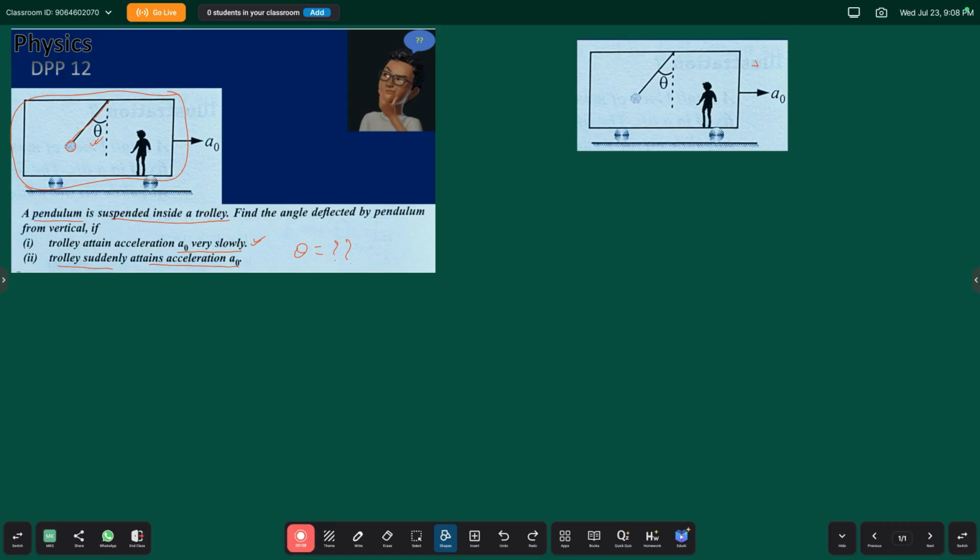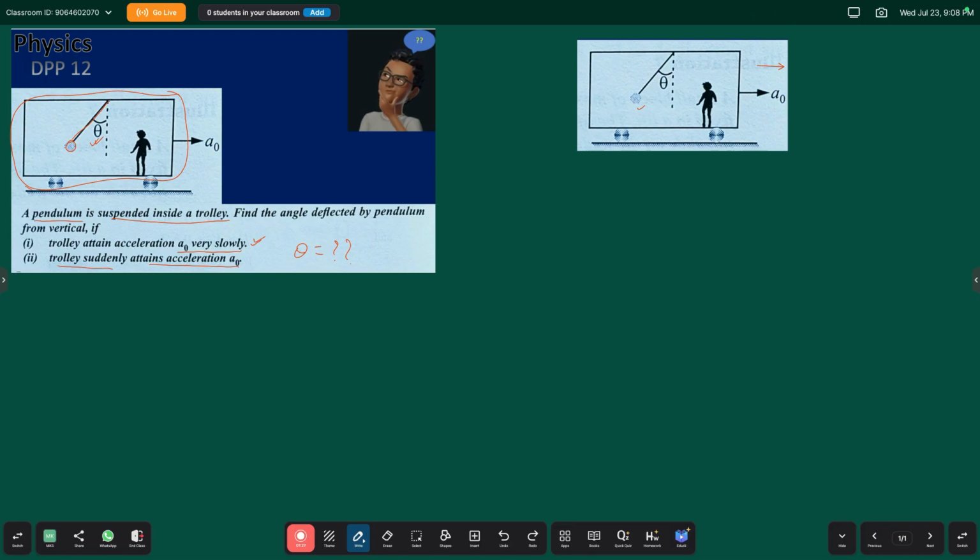When the trolley starts moving in this direction with A naught, but not immediately, it has gone to A naught very slowly, it means all the time the force acting on the bob of the pendulum will be in equilibrium.